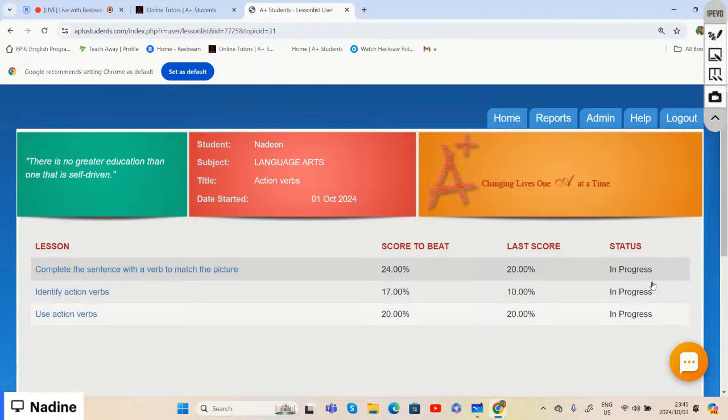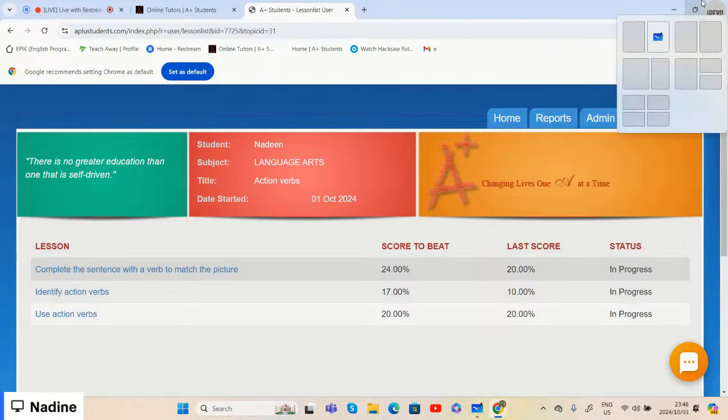That is an action verb, right? Thank you very much, grade ones. We did action verbs, and I really hope that you have a better understanding of what action verbs are.